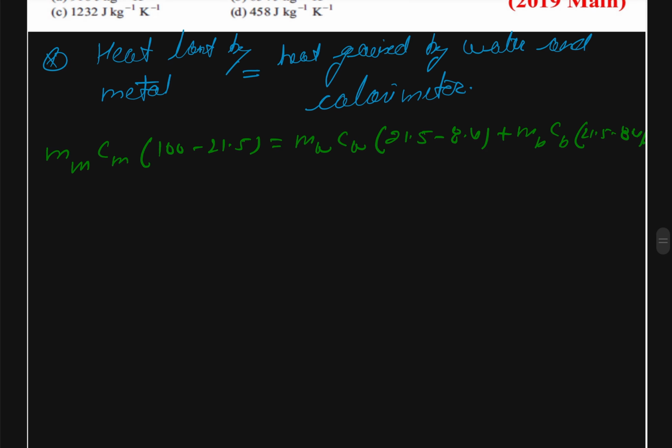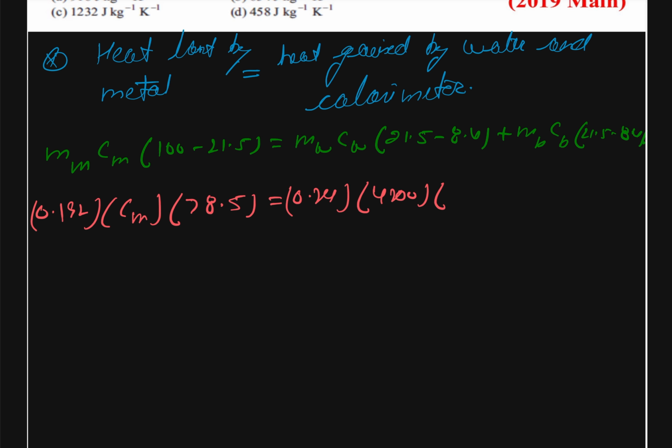So we substitute all the values. This is our 0.192 times Cm and this comes as 78.5 is equal to 0.24 times 4200 times 13.1 plus 0.128 times 394 and this comes as 31.1.